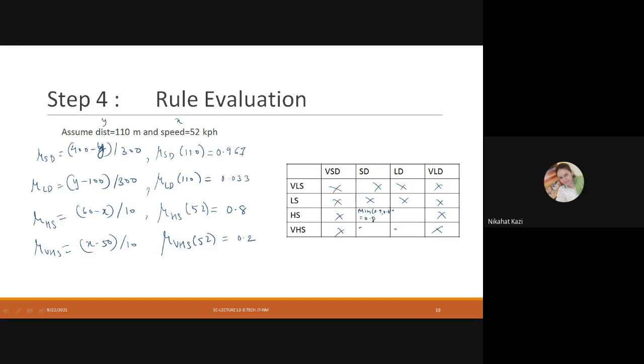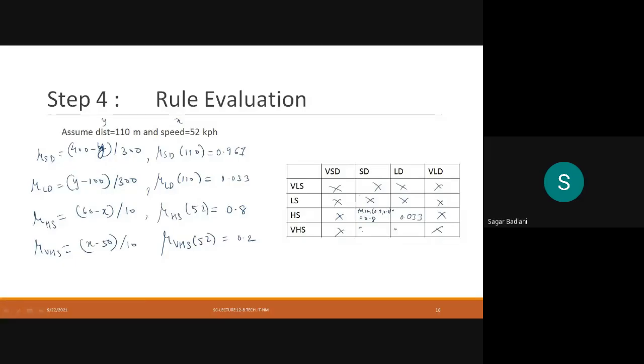Next is again high speed and long distance. What is the value that is expected in this? Can someone tell me? 0.033. Next, 0.2 and very high speed, 0.2, and this is 0.033, correct.